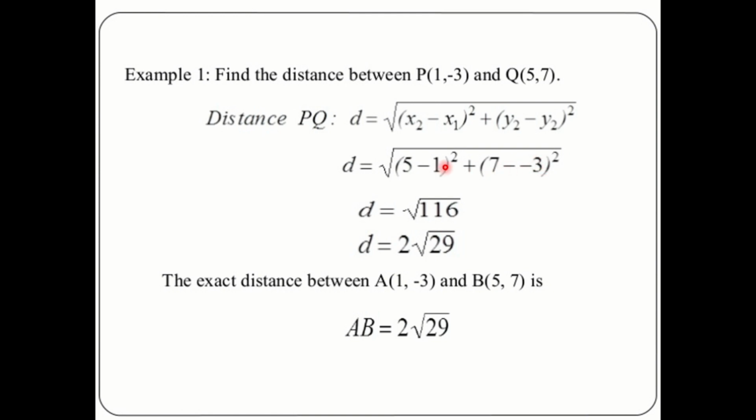That is 4 square, which is 16, then 7 plus 3, that is 10 square, which is 100. 100 plus 16 is 116. Then we can simplify and write that 2 square root 29 is the distance between the points A and B whose coordinates are (1, minus 3) and (5, 7).